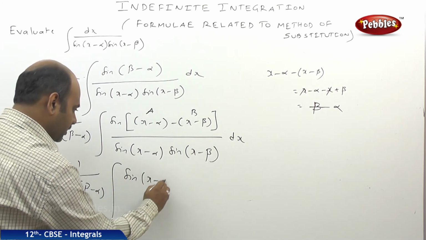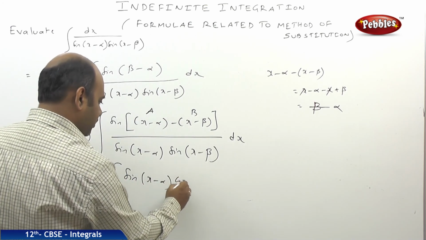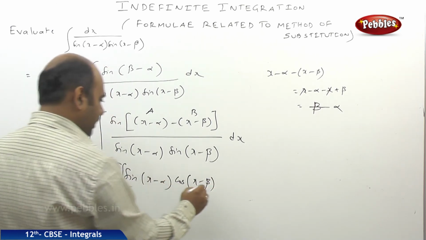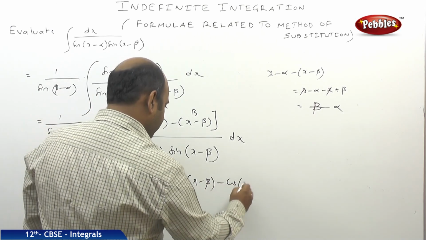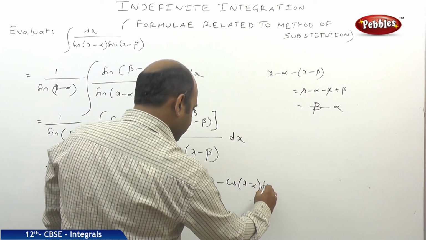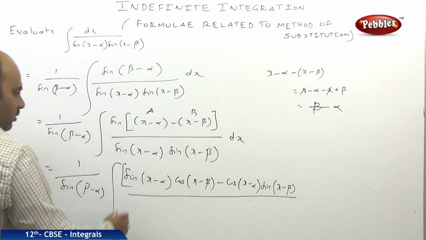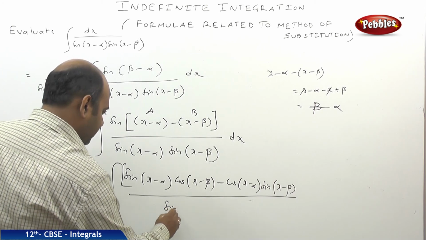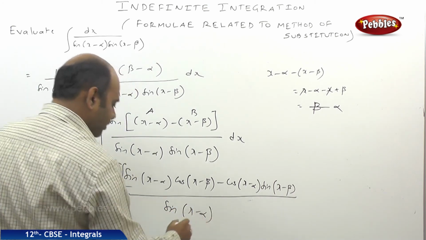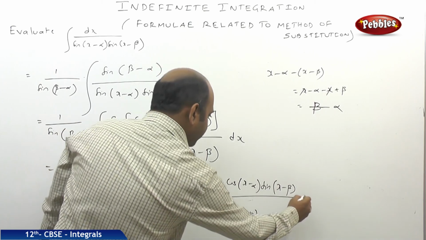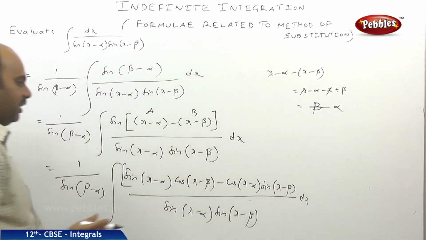Sine of (x minus alpha) into cos of (x minus beta) minus cos of (x minus alpha) into sine of (x minus beta), whole divided by sine of (x minus alpha) into sine of (x minus beta), and here there will be dx.